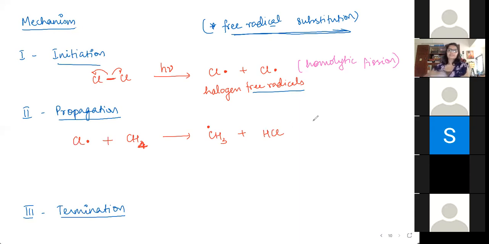Yeah. So then you have another, this free radical has produced another free radical. So again, this methyl free radical can hit another chlorine molecule that is there. Then you get CH3Cl and another chlorine free radical.